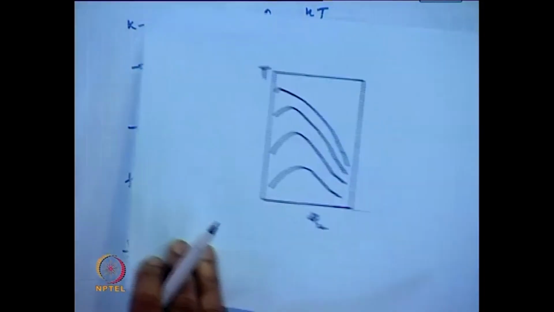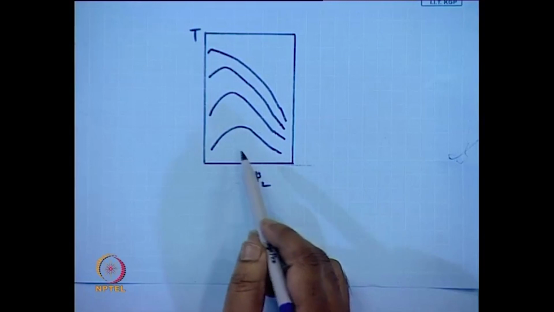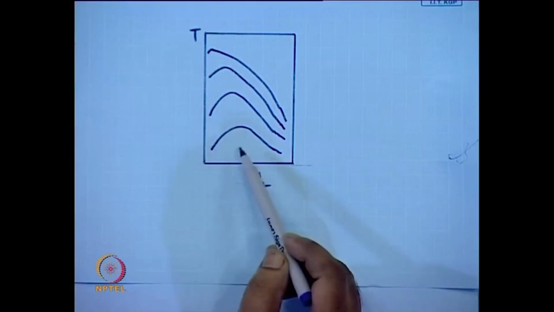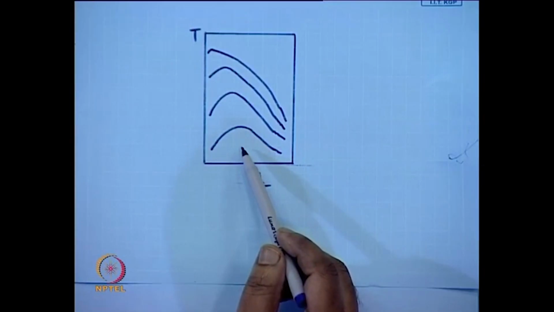So, we can plot these two. We can see what we have observed. This is experimental curve observed for solutions having polymer and solvent having upper critical solution temperature.